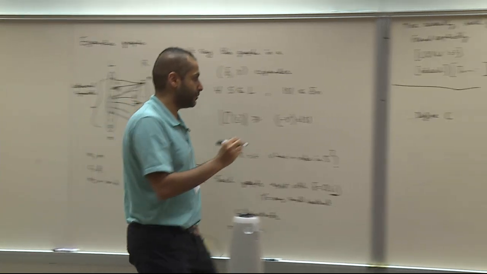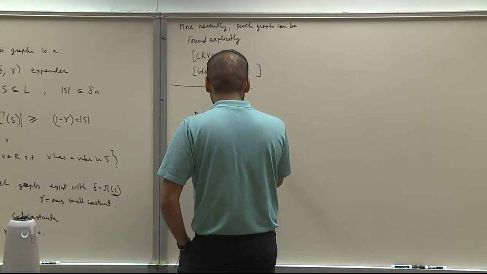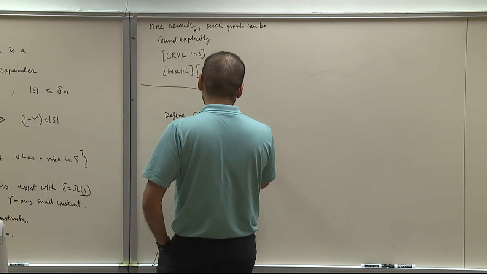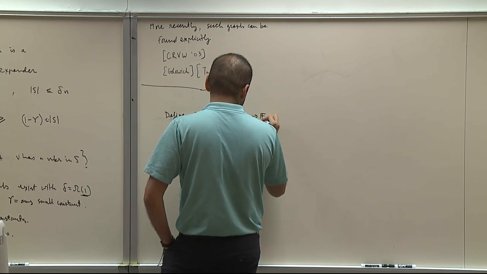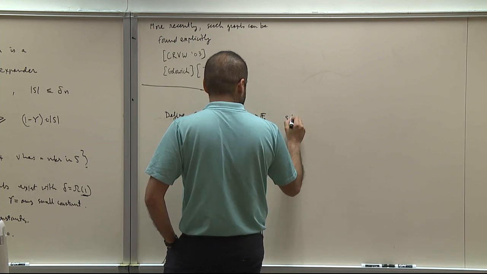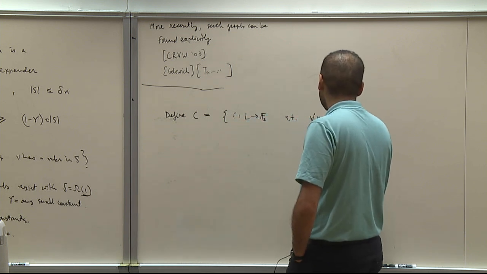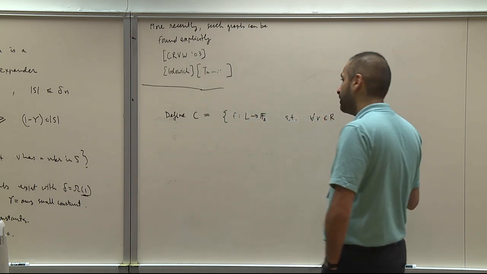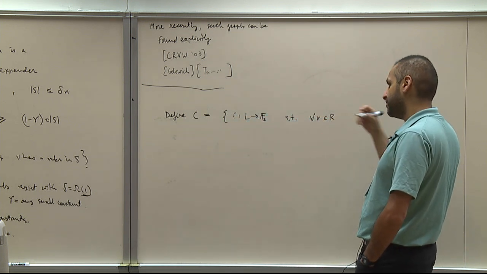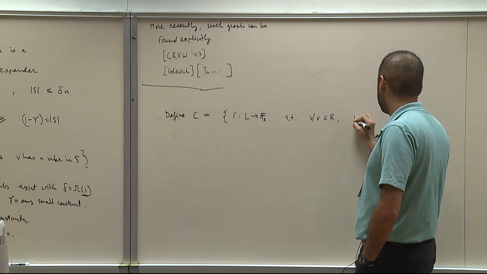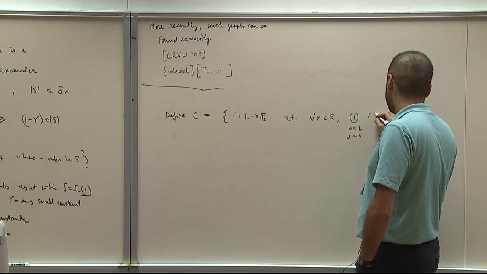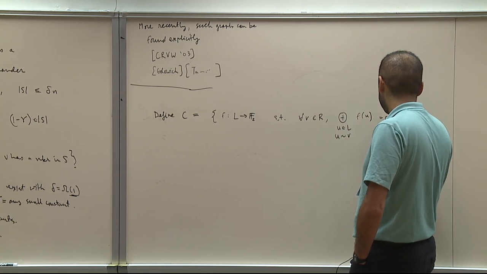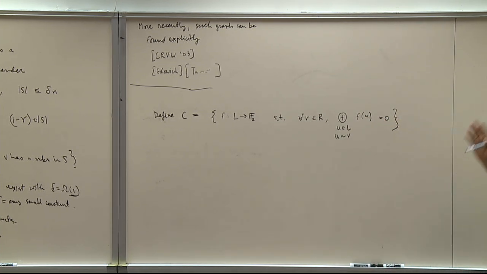Okay, so the code C is all functions from the left-hand side to F2 such that for all vertices v on the right, the parity over all u in L, u neighbor of v, of f of u is 0. That's the definition of the code.